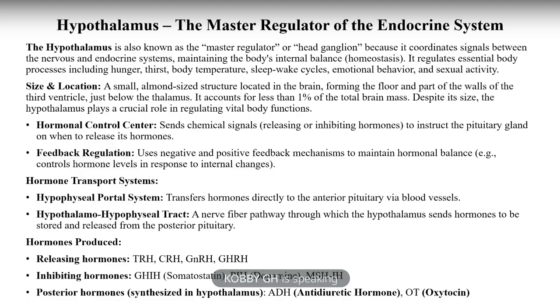So if the examiner asks you to mention hormones released from the hypothalamus, you do not mention the posterior hormones. But if the examiner asks which hormones are produced by the hypothalamus, you can mention the posterior hormones and the anterior hormones.